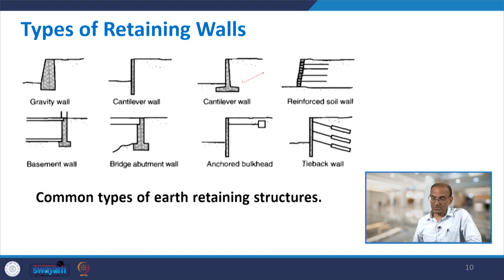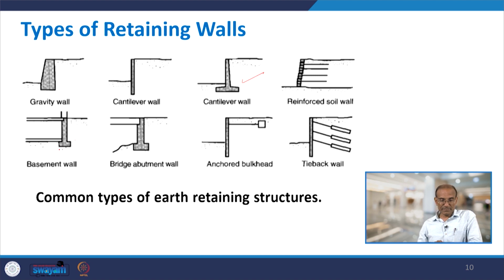Then you have reinforced soil wall. In this case you are providing some bracings, anchoring, which goes inside the soil to protect the wall from falling due to earth pressure. Then you may have basement walls, which is given here: this is the earth to be protected, and on this side you have the basement of a residential building or the like.